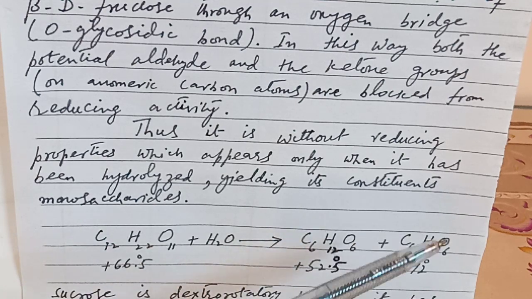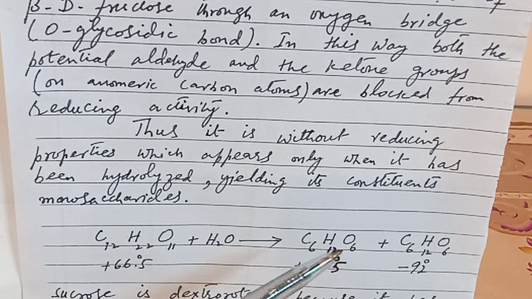It will rotate the plane polarized light in an anti-clockwise direction, represented by minus 92 degrees, which will supersede the dextrorotatory activity of glucose.